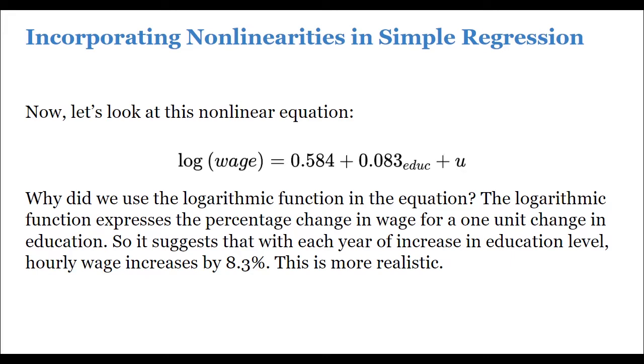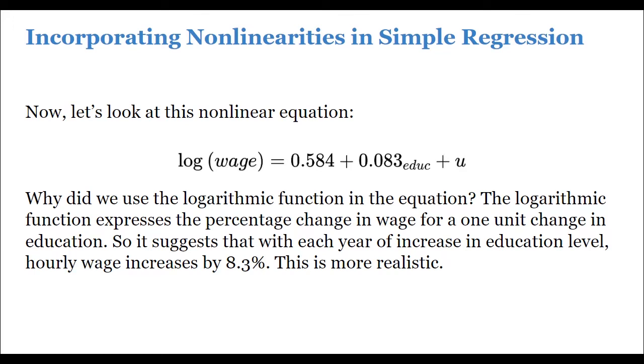On the other hand, let's say someone in his senior year of high school earns $40,000 per year. After he graduates high school, he's going to have the same 8.3% increase in his wage, and that would amount to $3,320 of increase in his wage.